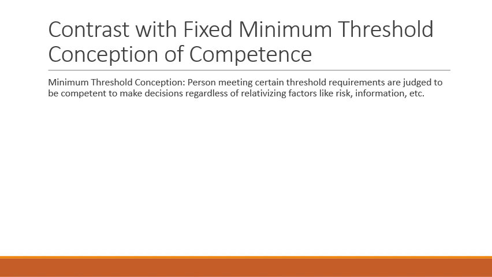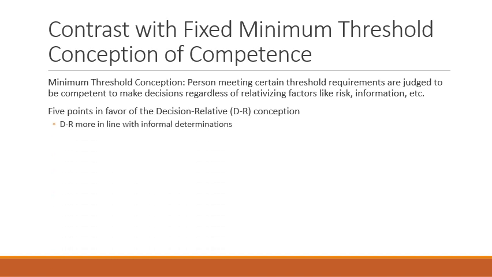And so why then is this decision relative conception going to be so much better? Well, they go through five reasons or points in favor of the decision relative conception over this fixed minimum threshold conception. The first thing that they mention is that DR is more in line with our informal determinations here.